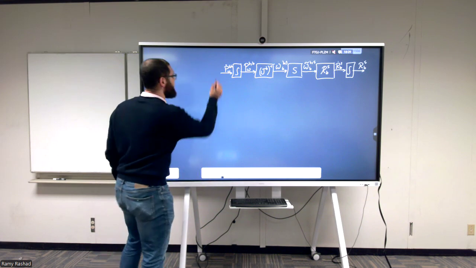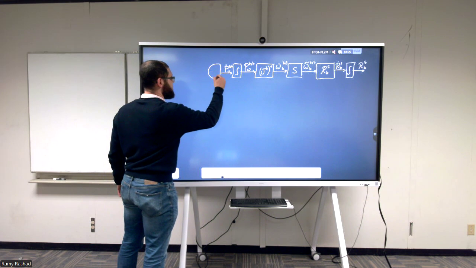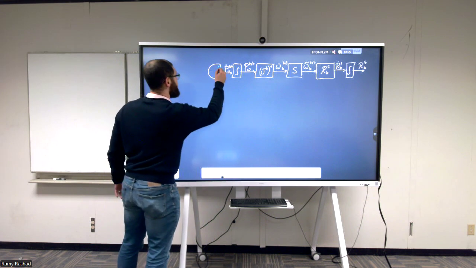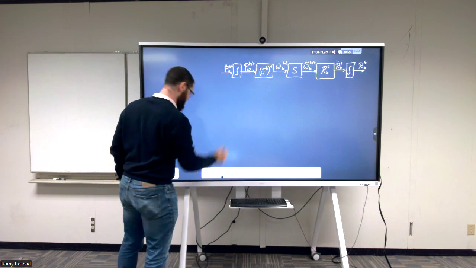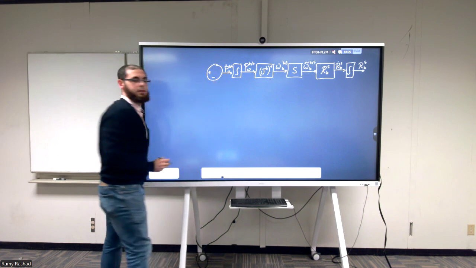Now how do I calculate this momentum? I have two terms, a plus and a minus.